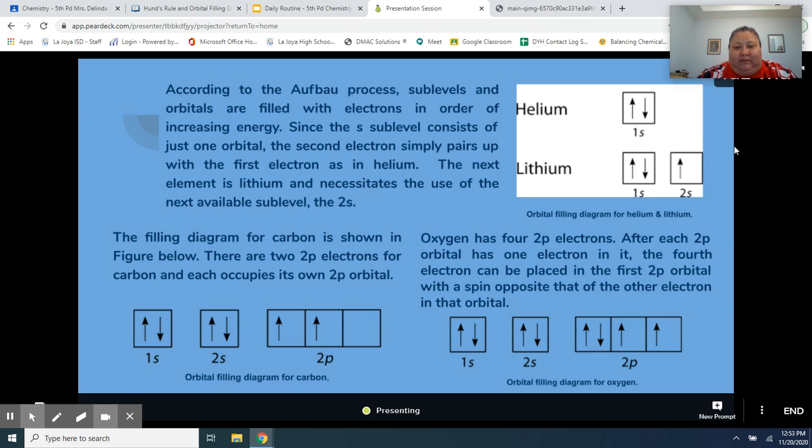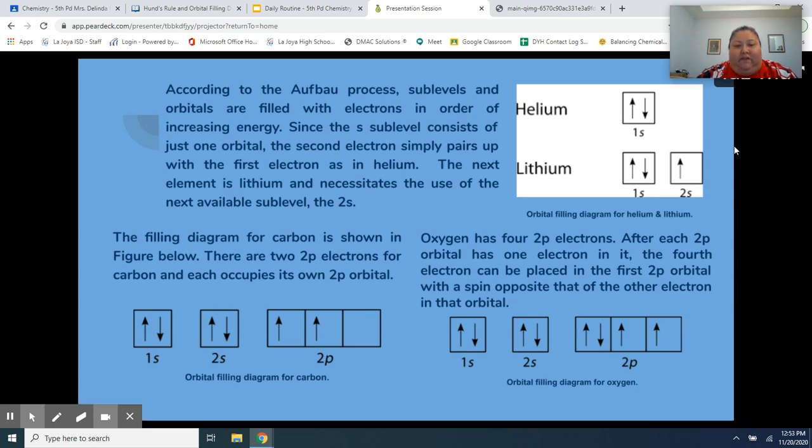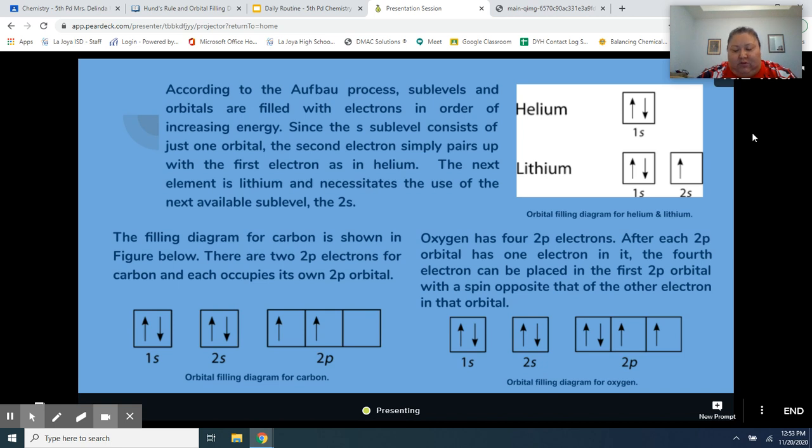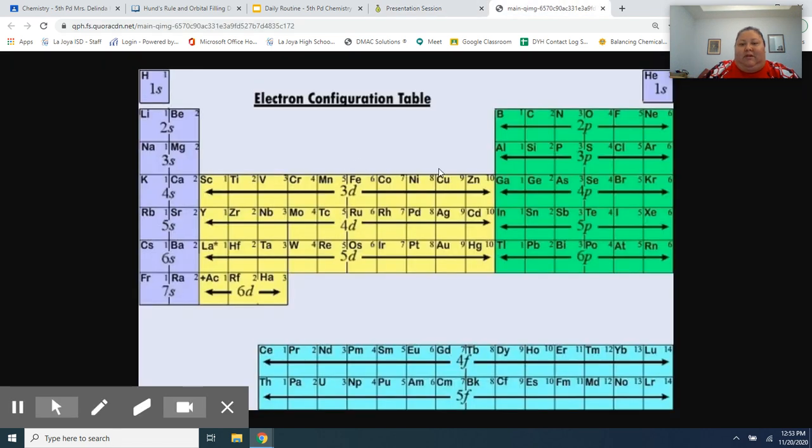Okay. The filling diagram for carbon is shown in the figure below. There are 2 p electrons for carbon, and each occupies its own 2p orbital. All right. So I'm here in my electron configuration.